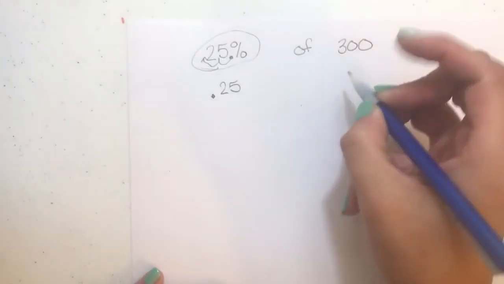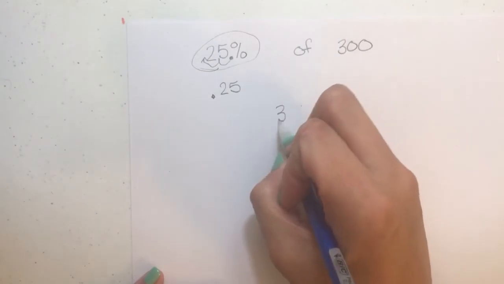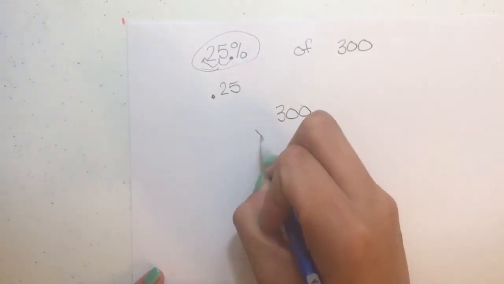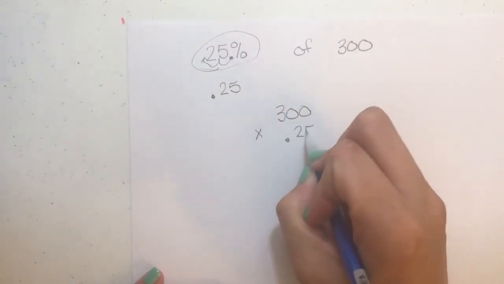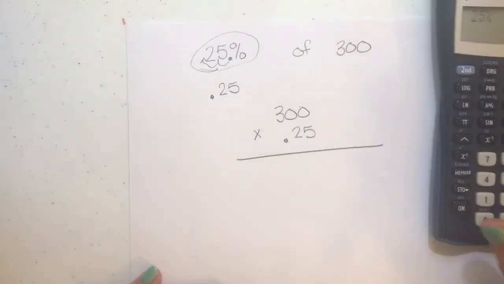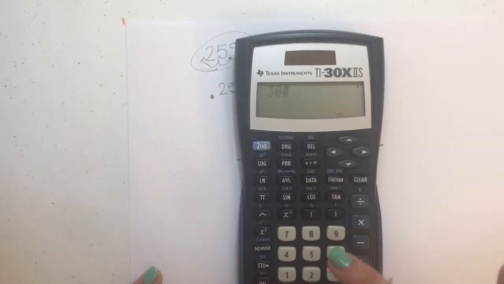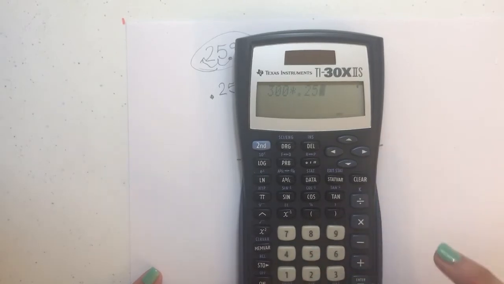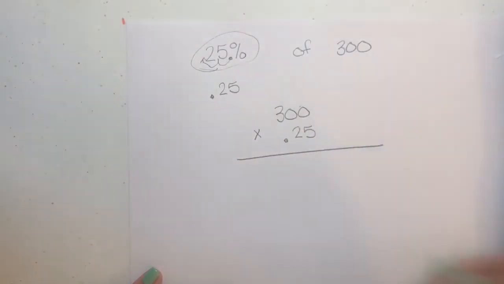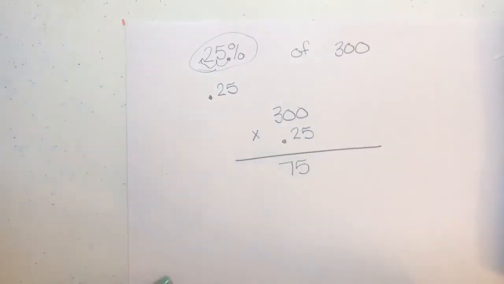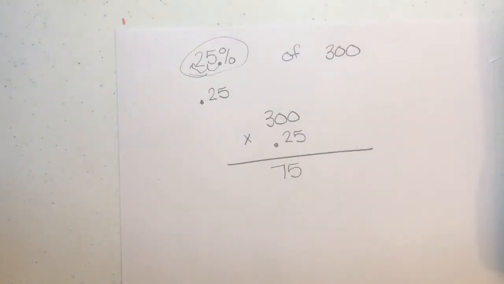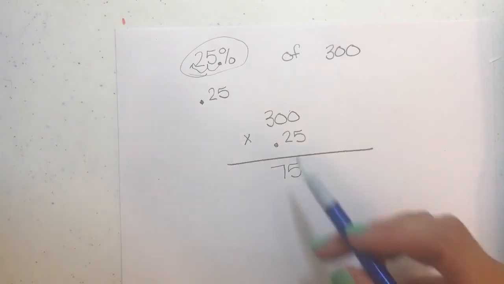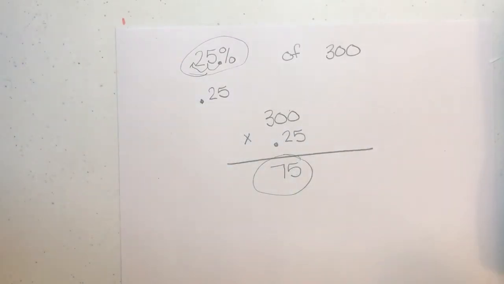So if I want to find 25% of 300, I'm going to do 300 times 0.25, which gives me 75. Now, if it's something that I know I'm spending 25% or there's 25% off, this amount doesn't tell me how much is coming off.